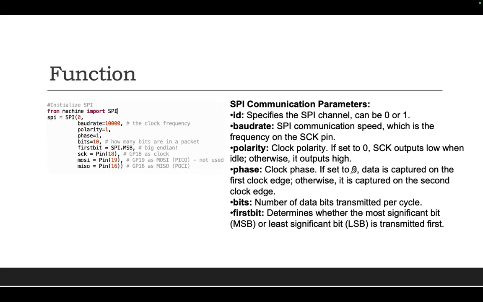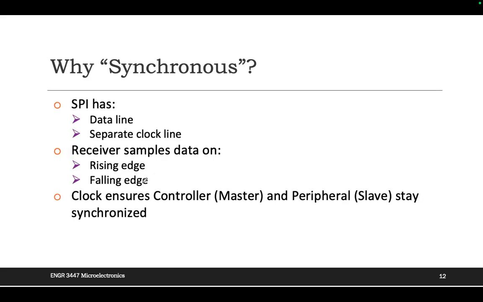If you set the phase to 0, it will detect on the rising edge. And if you set it to 1, it will detect the data on the falling edge. And the clock ensures the master and the peripheral stay synchronized. That makes sense to you? This is why we use synchronous, because we want to receive data and make the slave and the master work together at the same time.